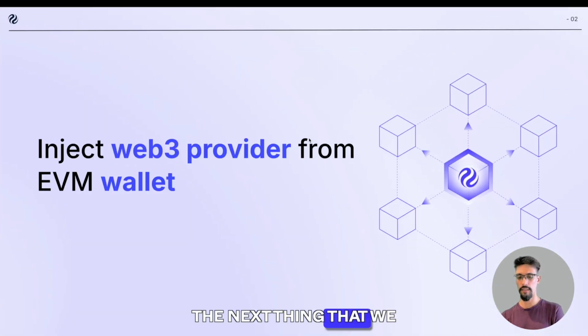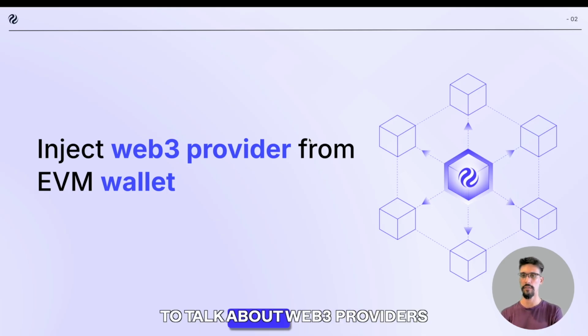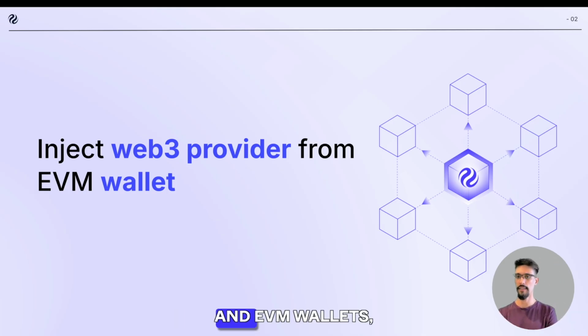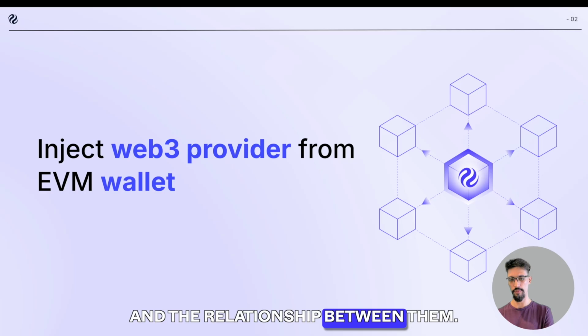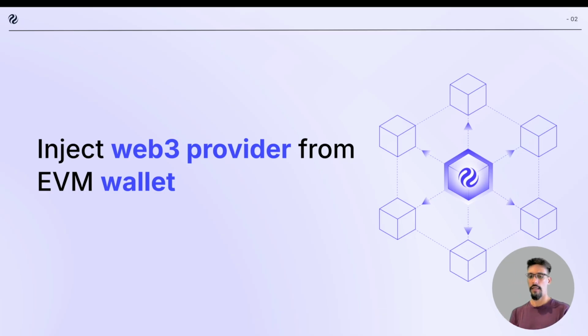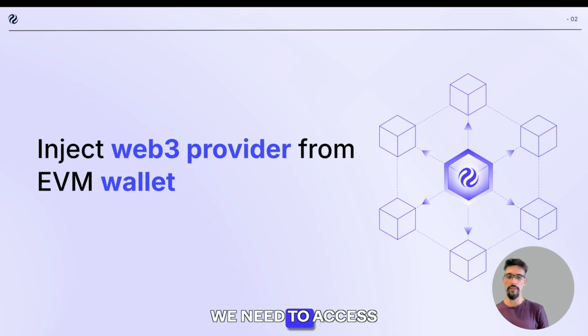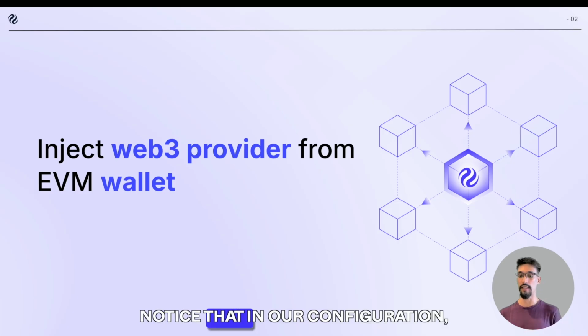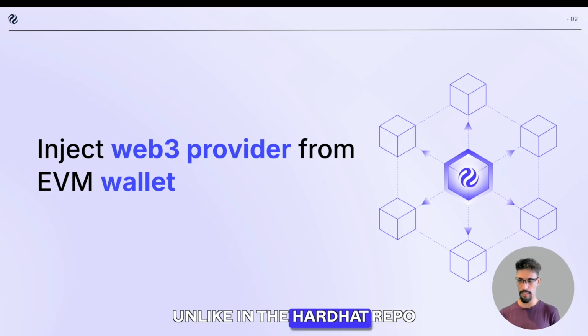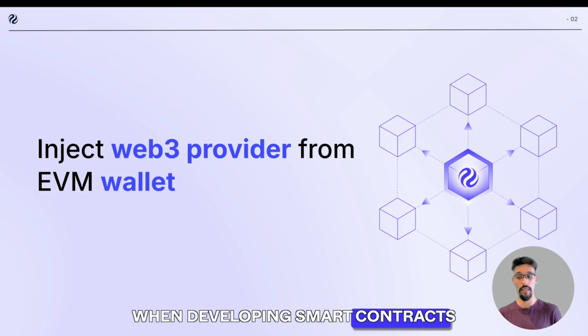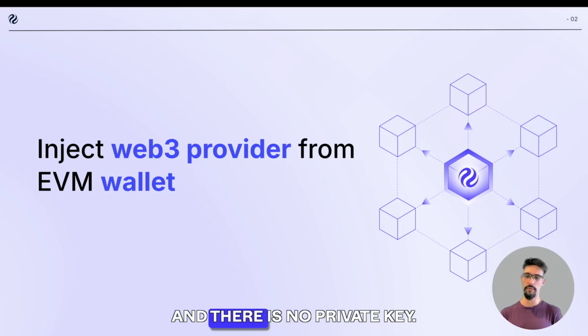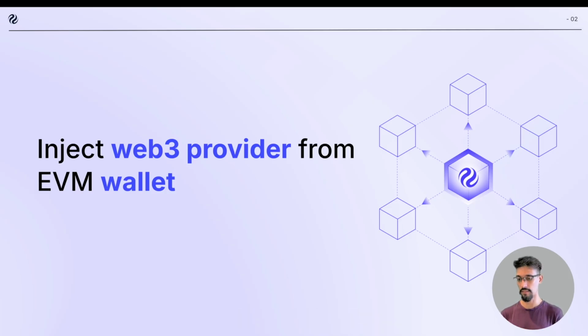All right, the next thing that we need to do is to talk about Web3 providers and EVM wallets and the relationship between them. So in our dApp, we need to access the user's wallet. Notice that in our configuration, unlike in the Hardhat repo when developing smart contracts, there's no seed phrase and there was no private key, right?